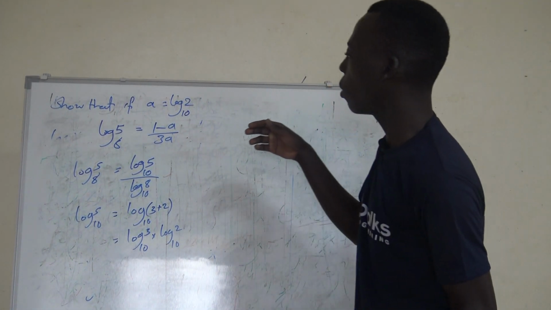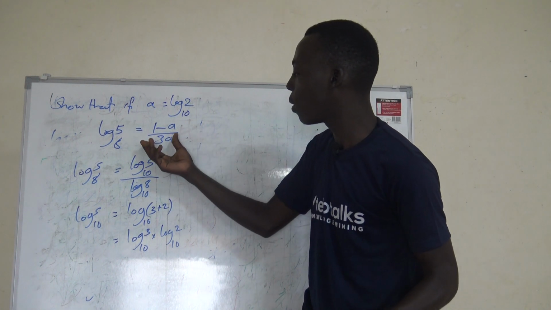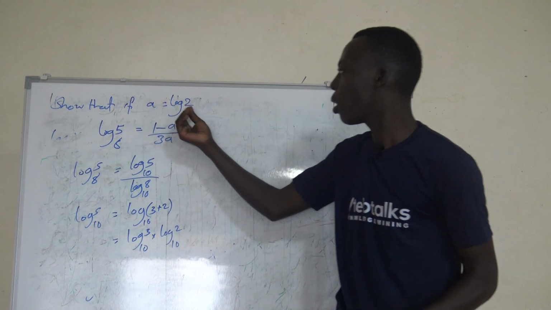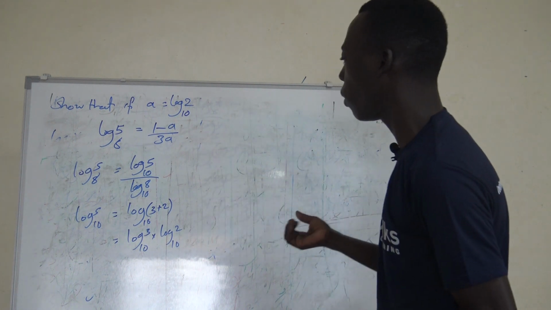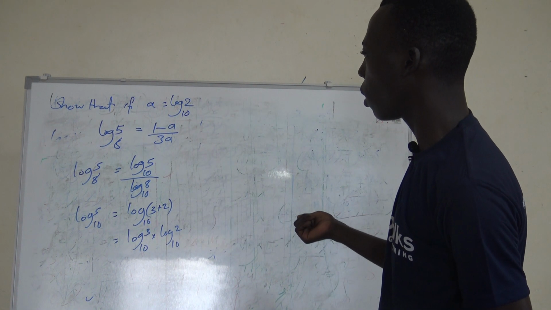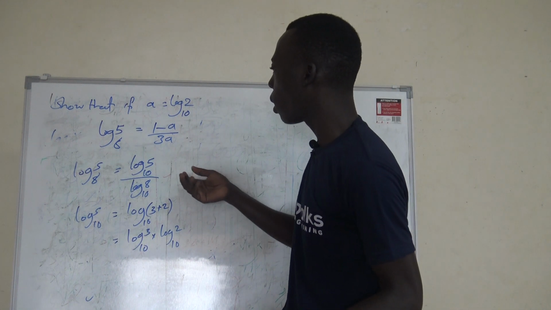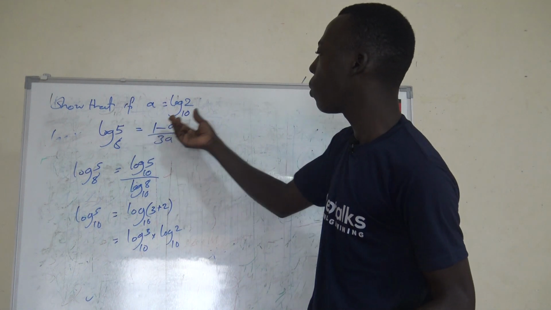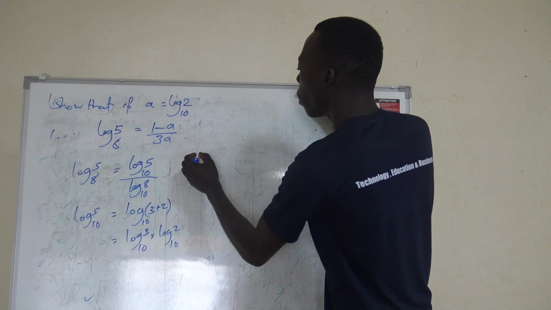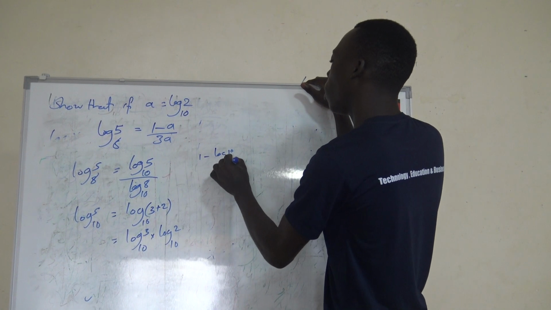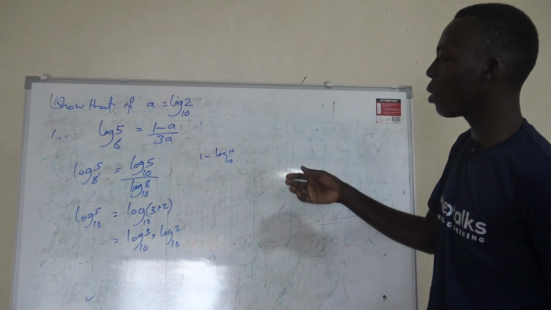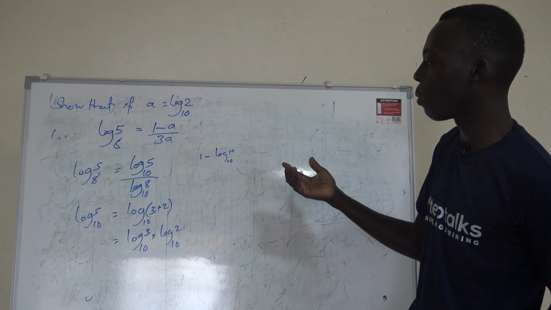But since we don't have the 3 in our equation, we must see how to deal with that 3. We know 1 is the same as log of 10 base 10, so that must also be taken note of.